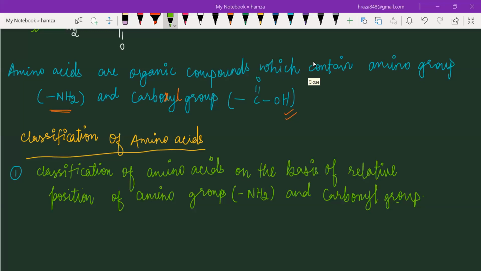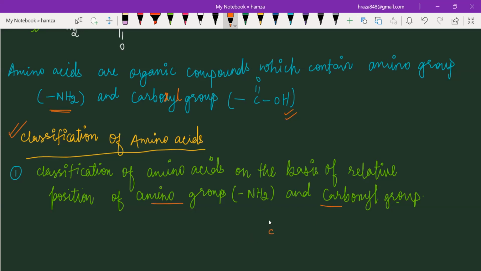Can everyone see the screen now? Yes, sir. So basically, we are doing classification of amino acids, and the first classification is on the relative position of the amino group and carboxyl group.